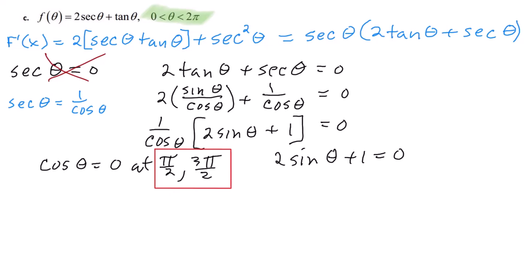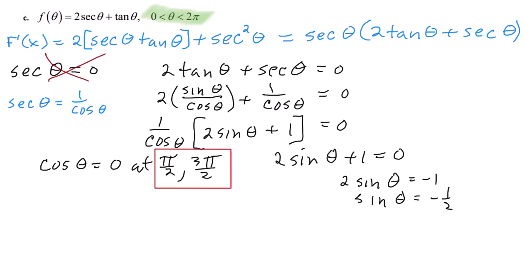All right, so then I take the second part of that expression, 2 sine theta plus 1 equals 0. I'm not seeing anything there that would make something go undefined, so I'm going to solve for theta. Where does sine theta equal -1/2?